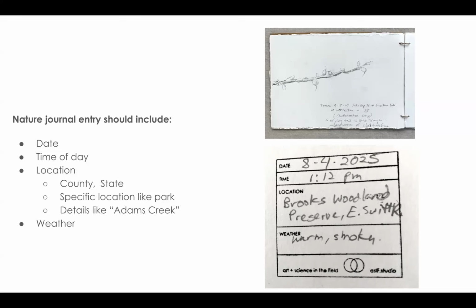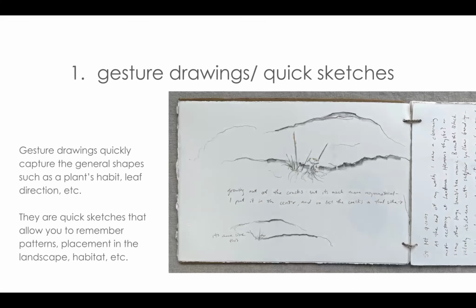It might include the weather or other observations, but it's so common for people, including myself, to make a great nature journal observation and forget to write down the date and the location, including things like such and such creek, or such and such mountain.